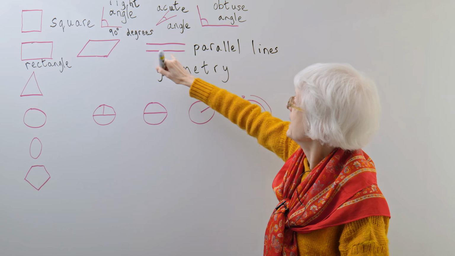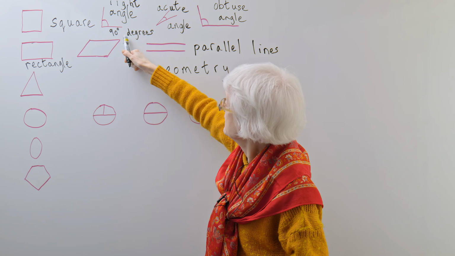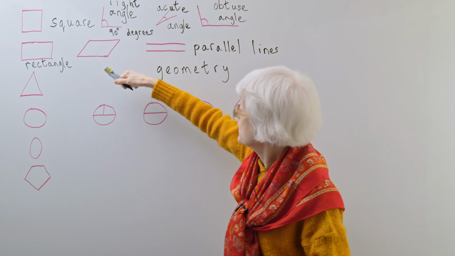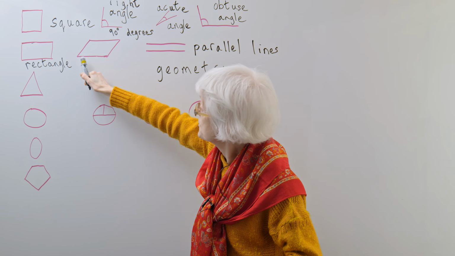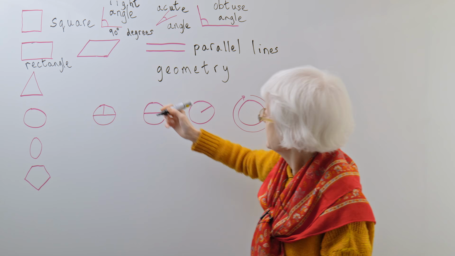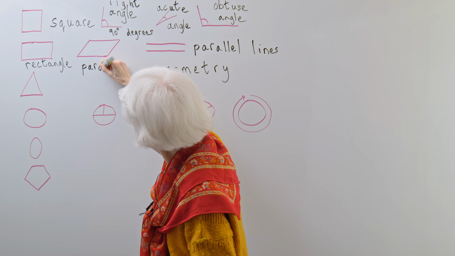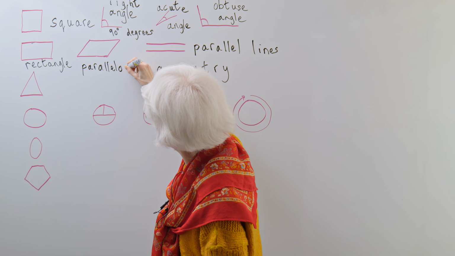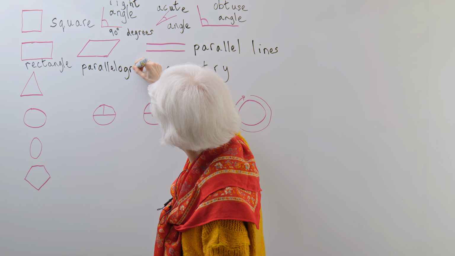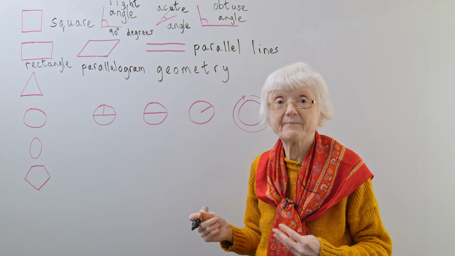So those are parallel lines, and because these lines here are parallel with each other, those two are parallel, and those two are parallel, it's called a parallelogram. A parallelogram. Okay.